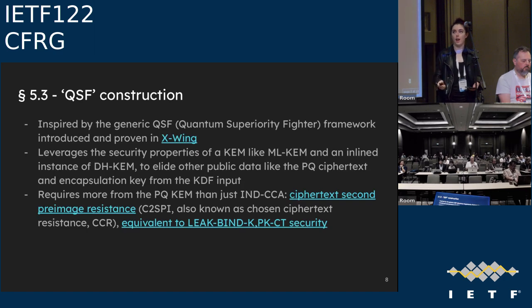This is relying on specific security properties of your post-quantum KEM beyond IND-CCA. In the X-Wing paper, this was named ciphertext second preimage resistance, also known as C2PRI, and is shown to be equivalent to the binding property LEAK-BIND-K-PK-CT, which implies LEAK-BIND-K-CT.